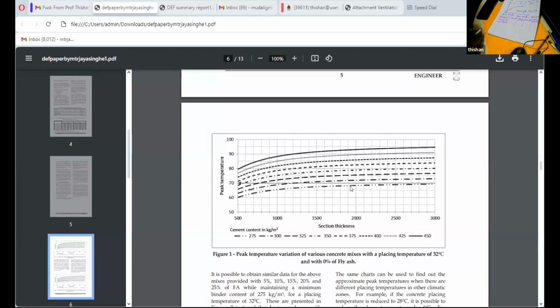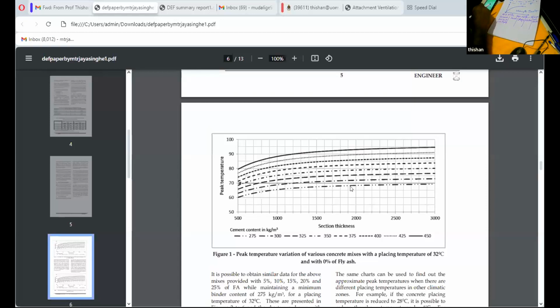If you look at the ratio, 120 divided by 400, what is the ratio? 120 divided by 420 is 18%.